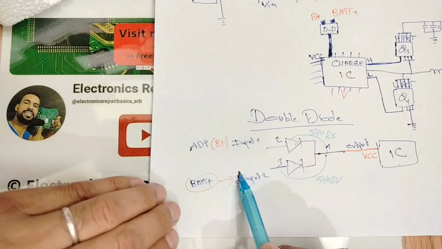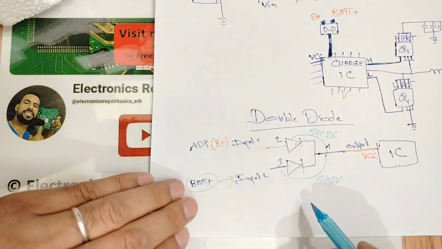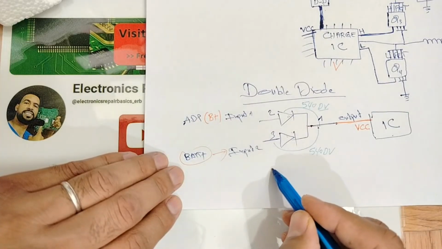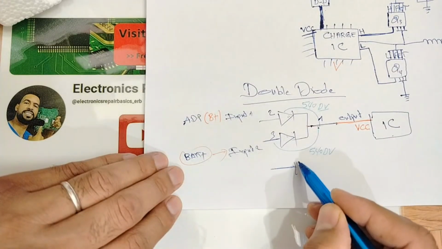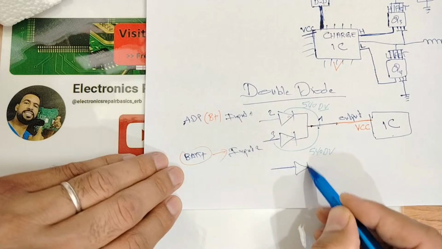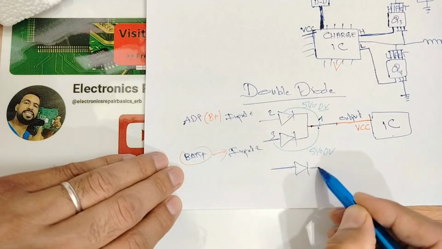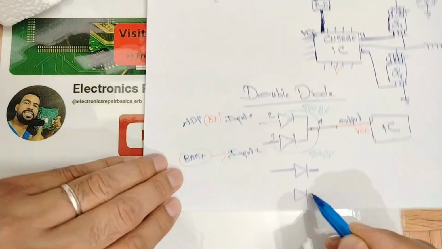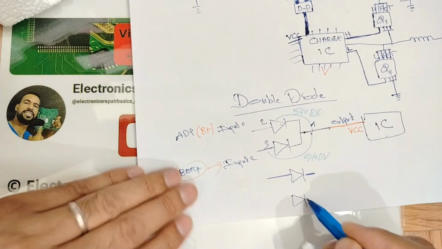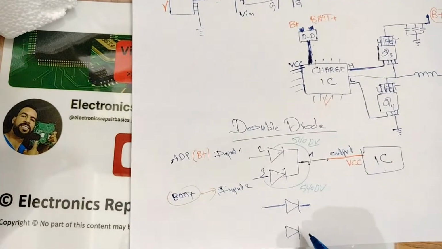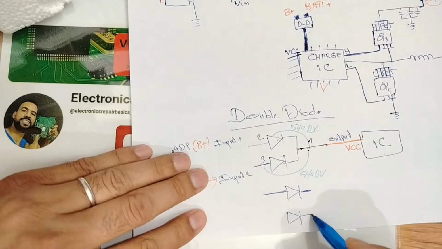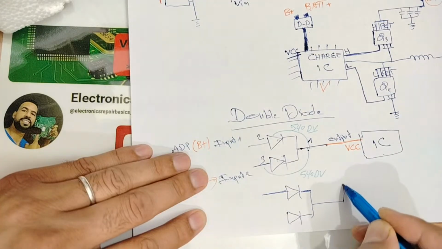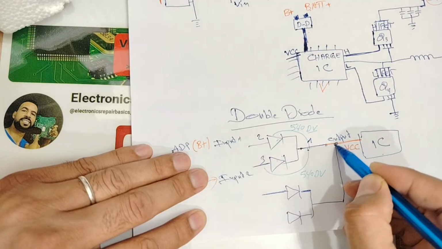And I told you that the double diode is used when there are two inputs. If the inputs are more, we can even use another double diode here, like this. If, for example, we have 4 inputs, we can use another double diode like this, with the same output.